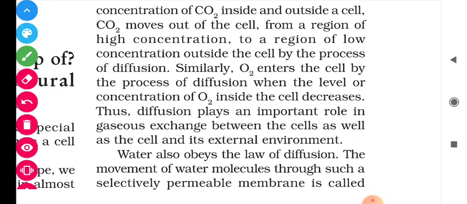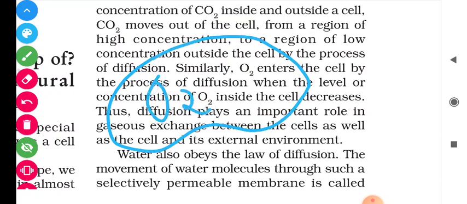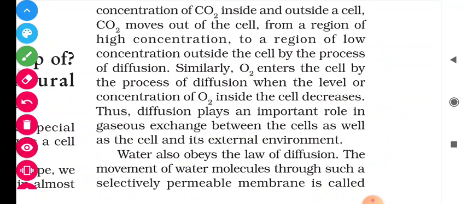Similarly, O2 enters the cell by diffusion when the concentration of O2 inside the cell decreases. If there is less oxygen inside the cell and more oxygen outside the cell, then the oxygen will flow from the external environment into the cell. In this way the diffusion process takes place.